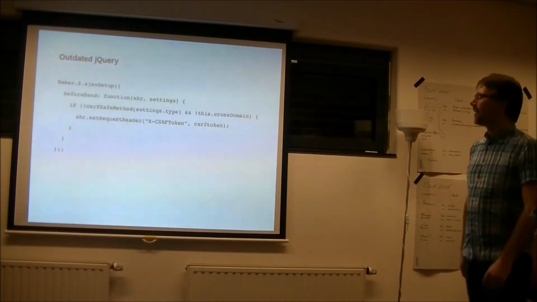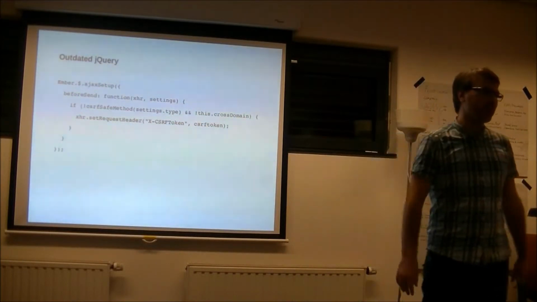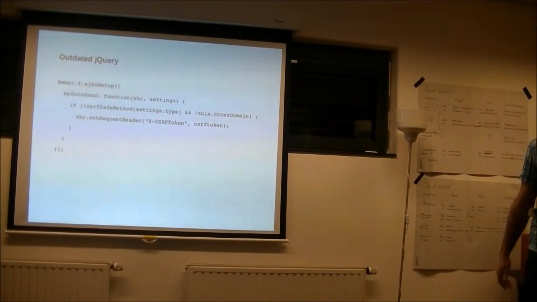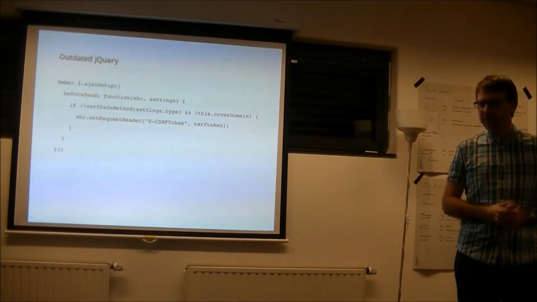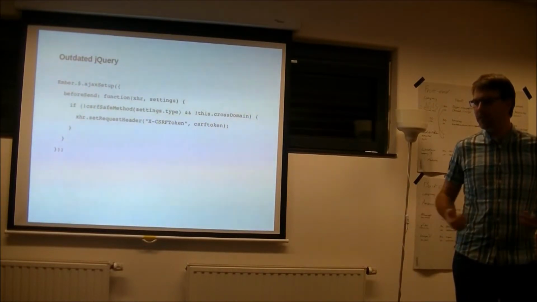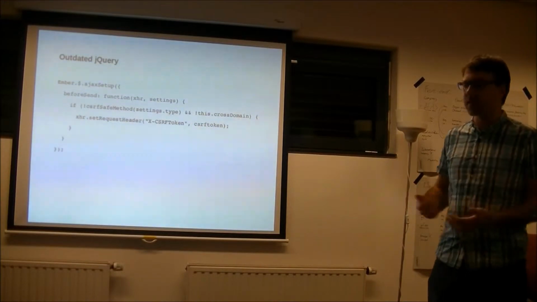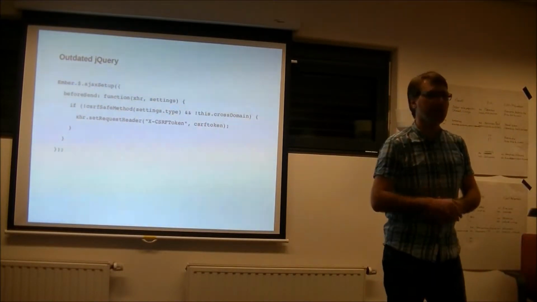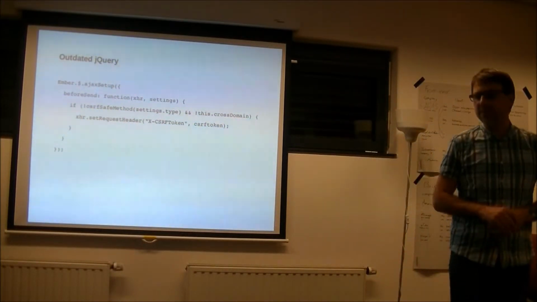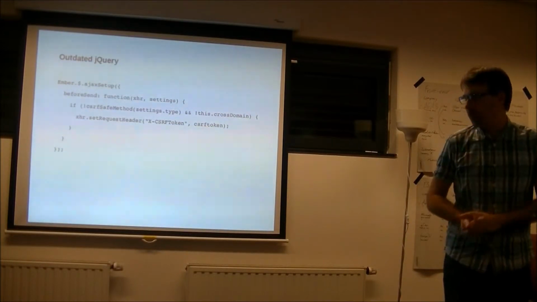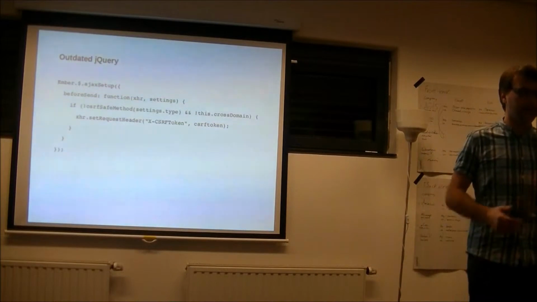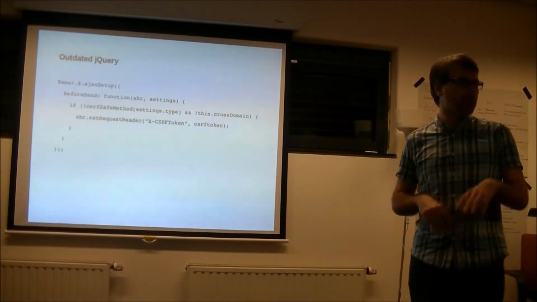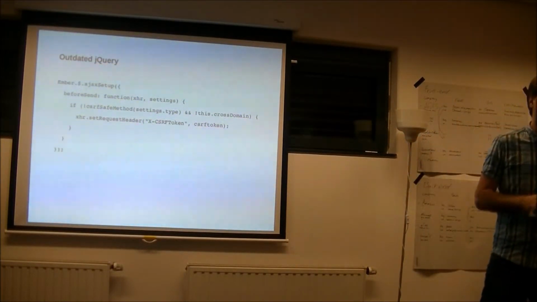So I mentioned my crazy jQuery. It was just an outdated version of jQuery. Obviously I don't want to run two versions of jQuery on the same site, but in this case I had to if I wanted to use Ember. And I saw the benefits of using Ember as opposed to writing spaghetti jQuery. I did some playing around, and I was thrown off by this a little bit, but in the end it was pretty simple.